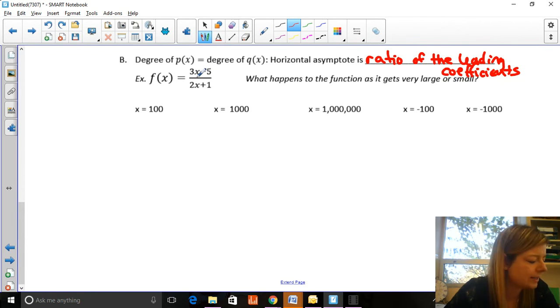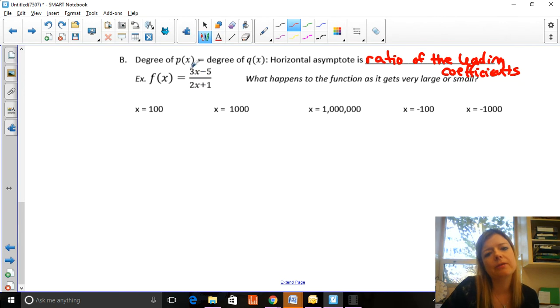So why is this true? Well, think about it. As we put in really high numbers, you're going to multiply like 100 by 3, and then you're going to subtract 5, which isn't that big of a deal in the scheme of things because I already multiplied 100 by 3, and then I'm just taking off a measly little 5. And then I'm multiplying 100 by 2, and then adding a measly little 1.